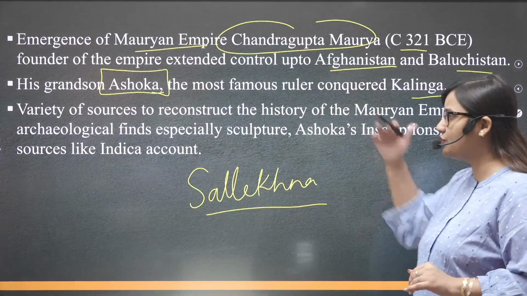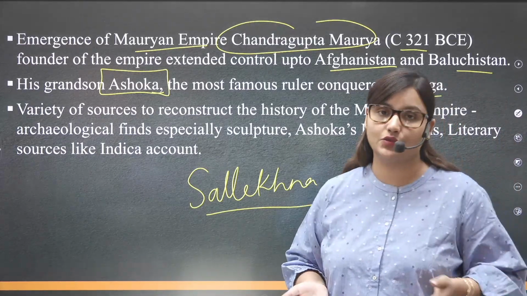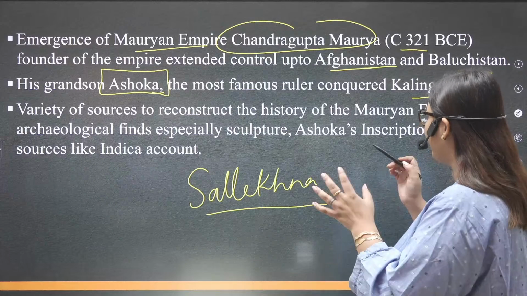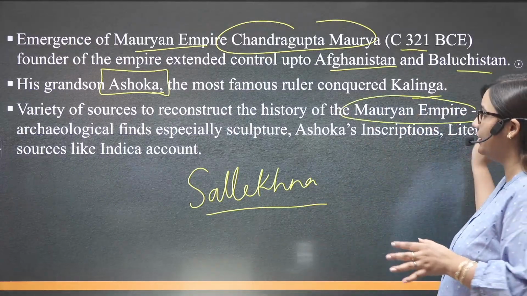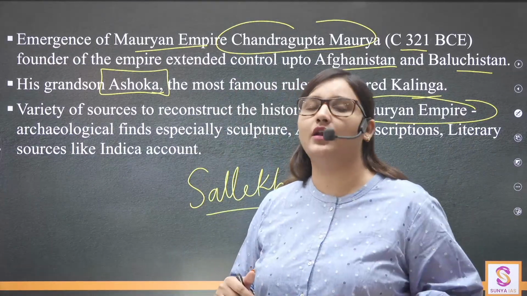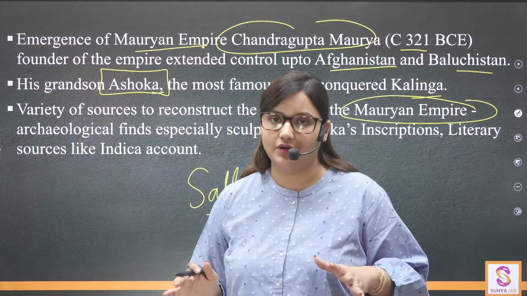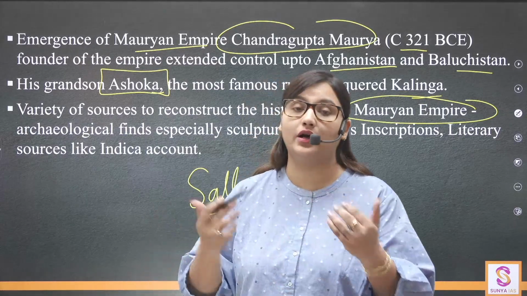Then a variety of sources come in front of us when we try to reconstruct the history. To reconstruct the history of the Mauryan Empire, you can have archaeological findings also, you can have literary records also. And we have many different types of literary records. We have pillar edicts and rock edicts also.